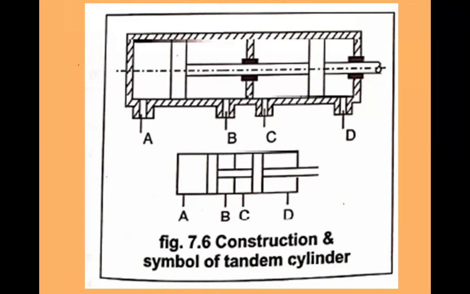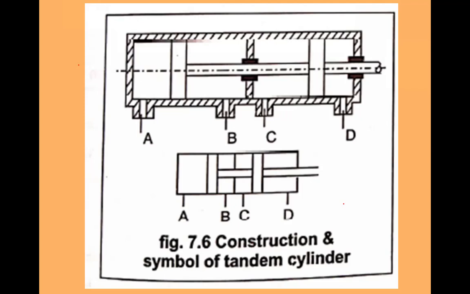Tandem cylinder is nothing but a combination of two or more than two double acting cylinders. When we want greater force at the same pressure, without increasing the piston sizes but increasing the areas on which pressure is going to act, at that time you can couple two or more than two double acting cylinders.